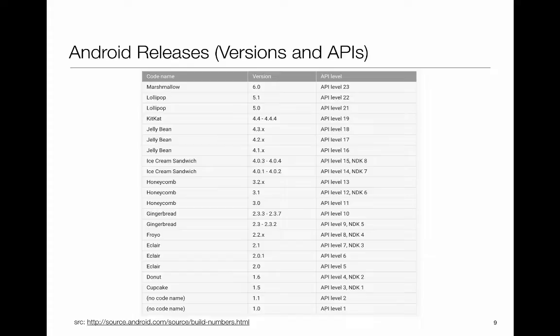So here is a list of Android releases from 1.0 all the way to the latest 6.0. What I want to show you here is that we really have so many versions and so many different SDKs from all these different versions. The interesting thing is that they name each version using a dessert name, from cupcake to gingerbread, and to the recent ones, lollipop and marshmallow.